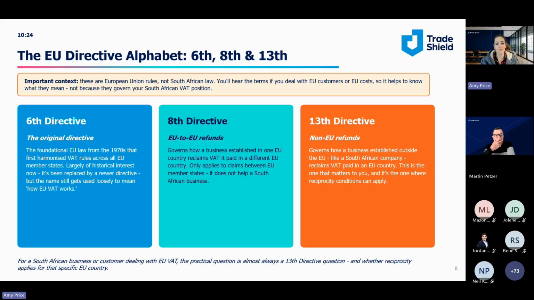And again, there are different rules that apply with how you claim, when you claim, and how far back you can claim. These are all different things that come with the different directives. For example, when we get to the 13th Directive, you only have within a year to claim your tax back, whereas with a Sixth Directive or an Eighth Directive, you may go 5 years back.